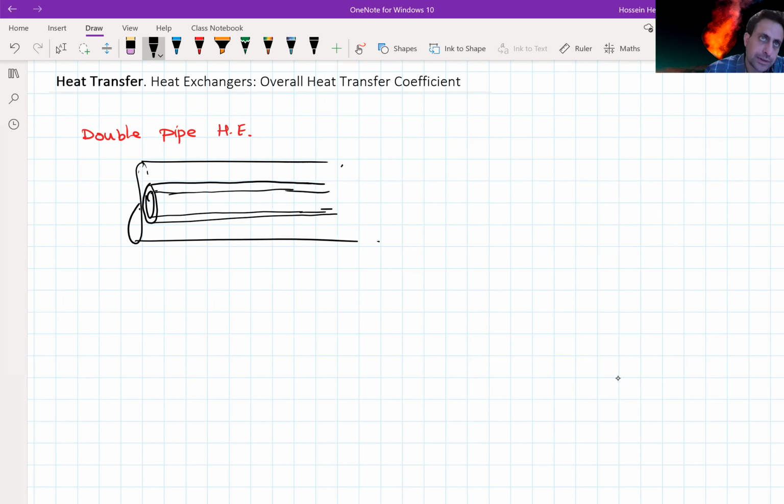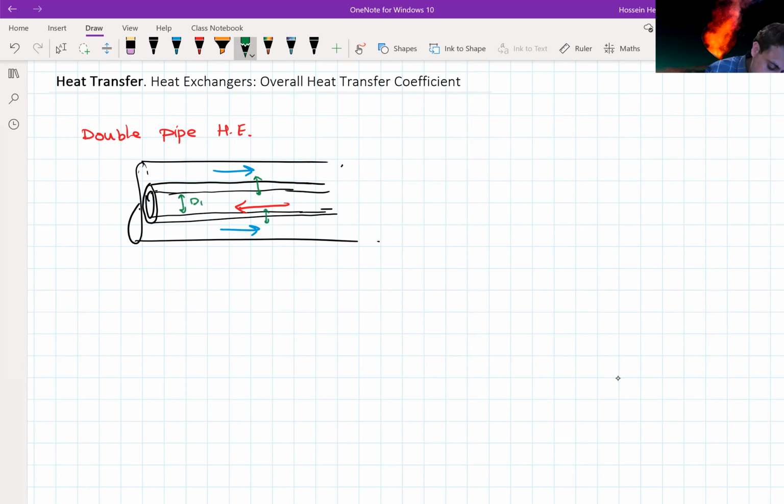Let's say we have the hot stream in the inner side pipe, and then the cold stream in the outer side, and the heat transfer between the two is happening through this tube wall or the solid wall that we have.